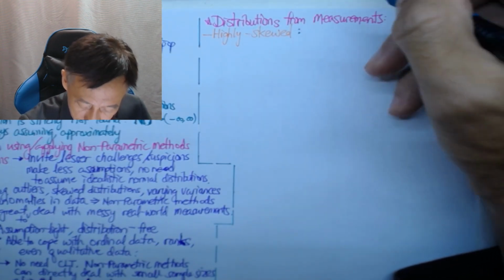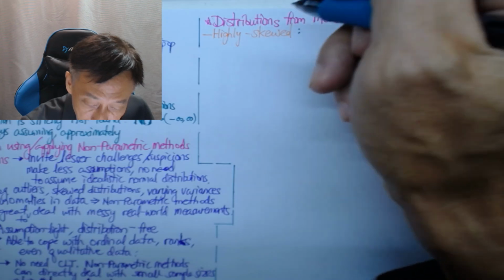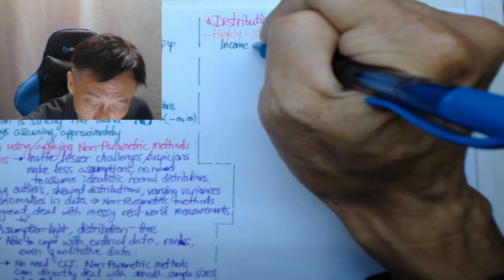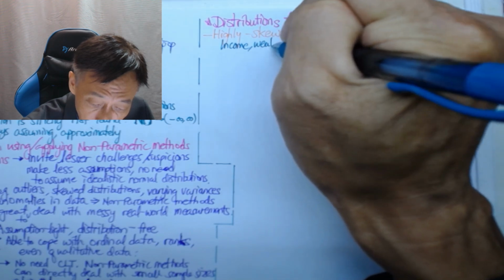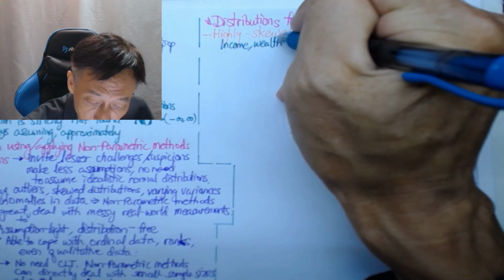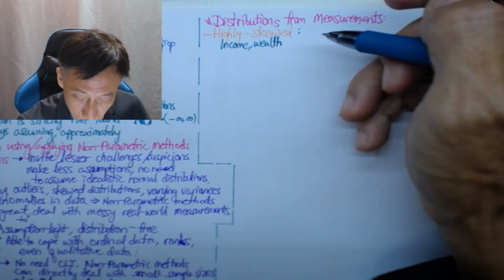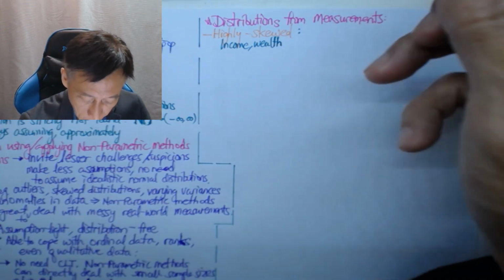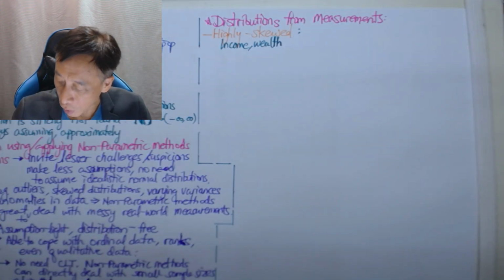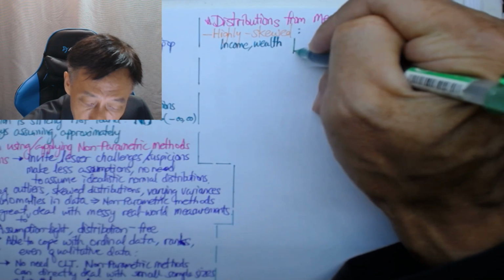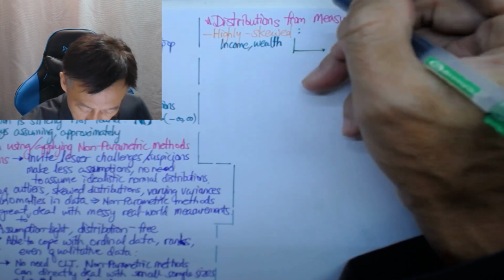They appear as income and wealth. Income is the cash flow, wealth is the accumulated assets. So income and wealth, typically we have this kind of situation, right?